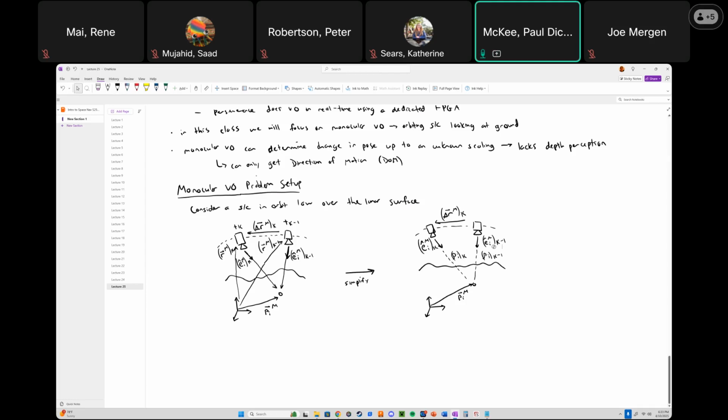And just to be very clear, our notation is e-hat_i^M(k), where k is basically the image or time number, i is the feature number, so those are our feature points, and then M is the moon-centered, moon-fixed frame, and the hat is a unit vector.